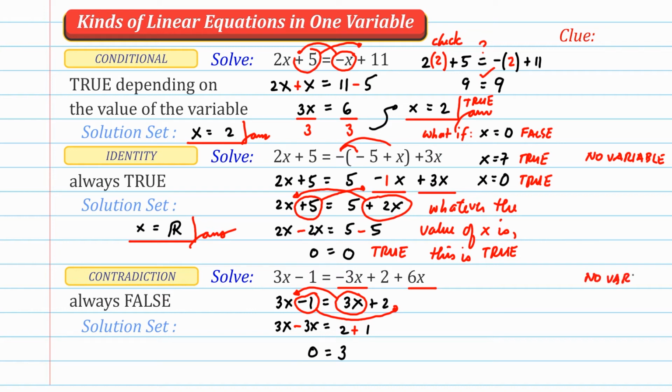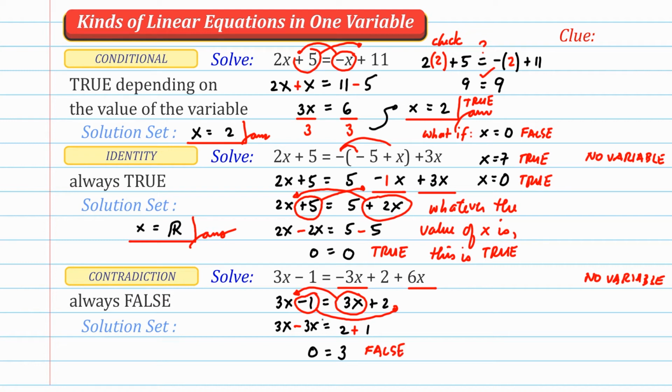No variable left. So what pag no variable like this? Check natin. Hindi mo na-solve yung x. Is the resulting statement true or false? It's false. Oh my God. Kanina, true.